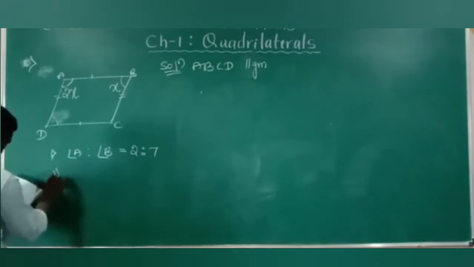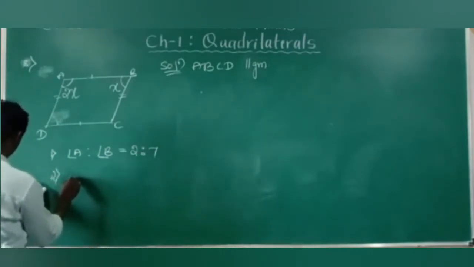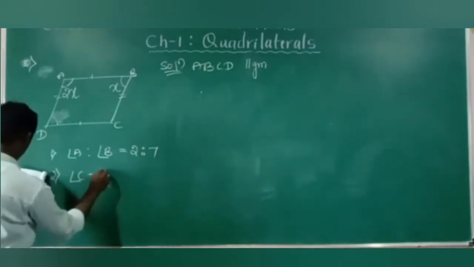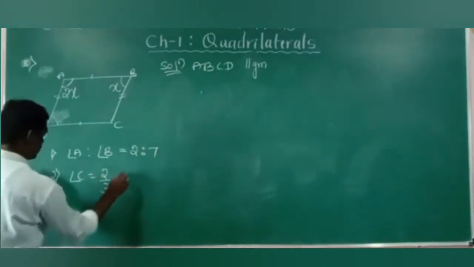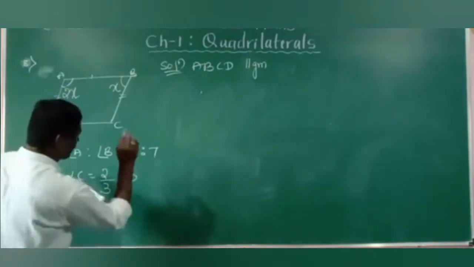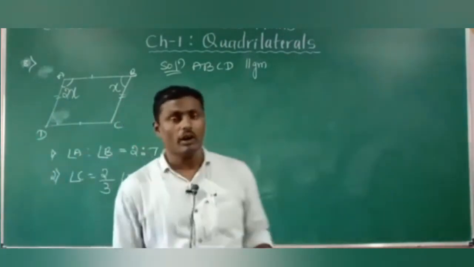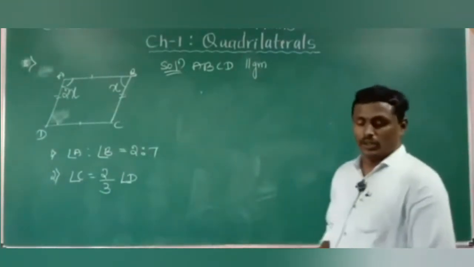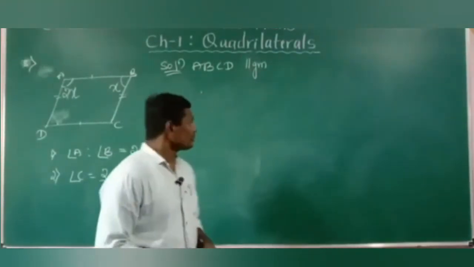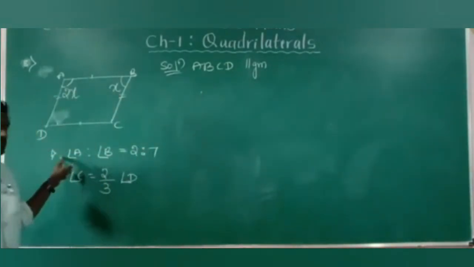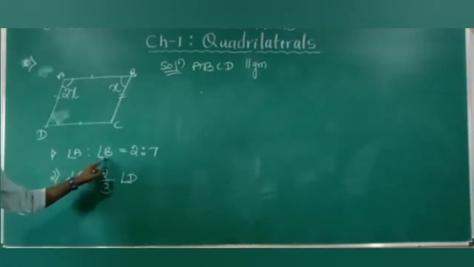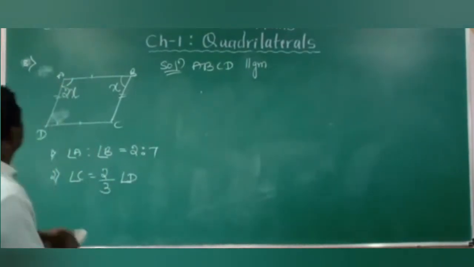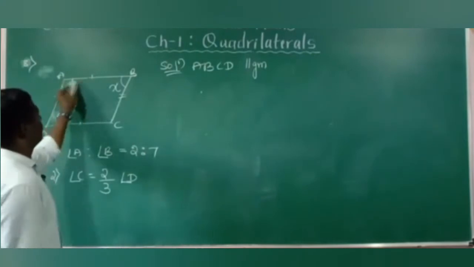Next, the second one. In that only, the second one, angle C is equal to 2/3 of angle D, right? So, take the first one: angle A and angle B are in the ratio 2:7. Here ABCD is a parallelogram.